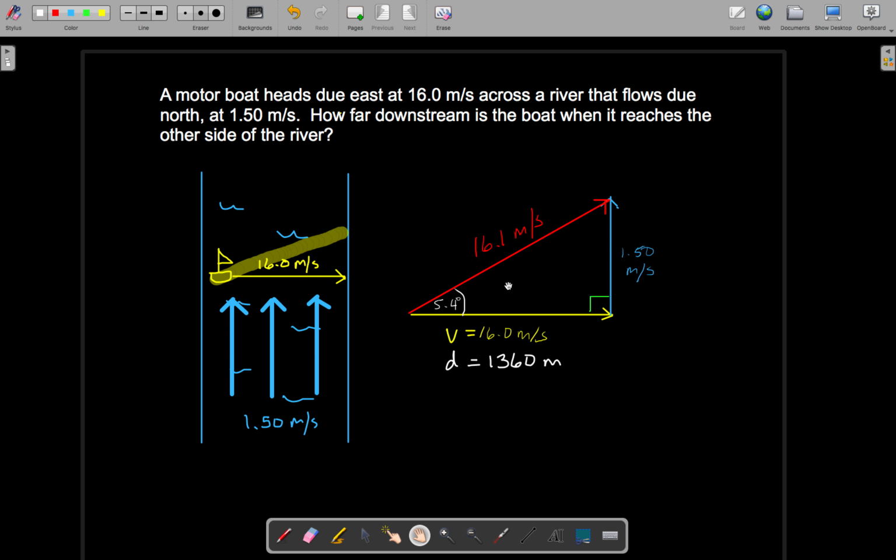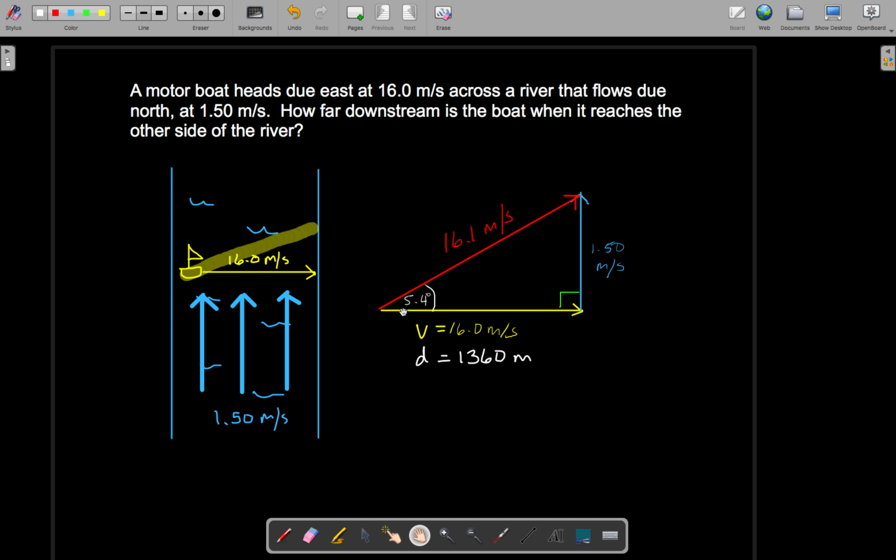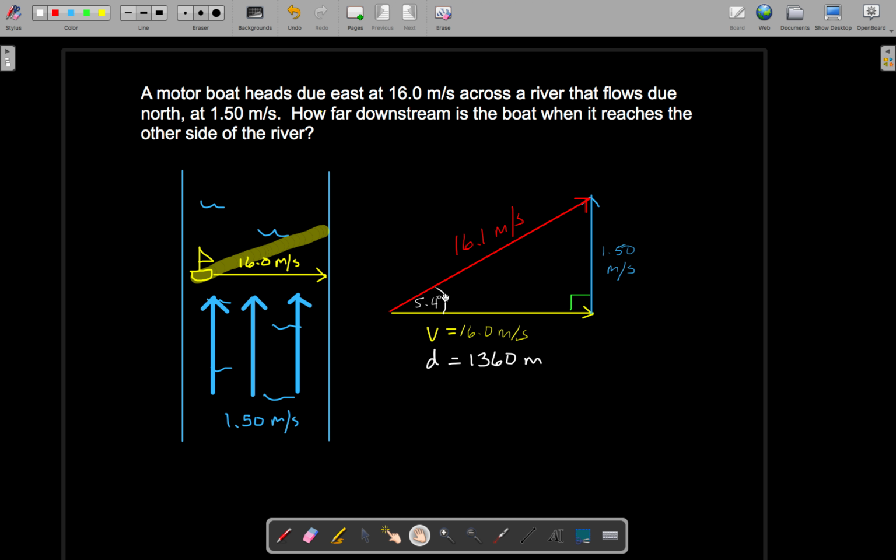So we were able to find out some crucial components. Two of them that we're going to talk about in this video: the angle that we just solved by using the velocities earlier, and that angle is also the same one we're going to be using in order to solve for our distances.